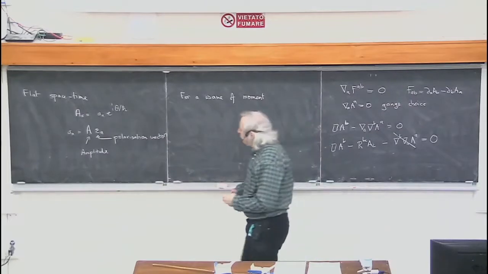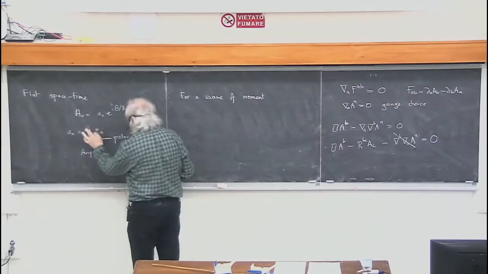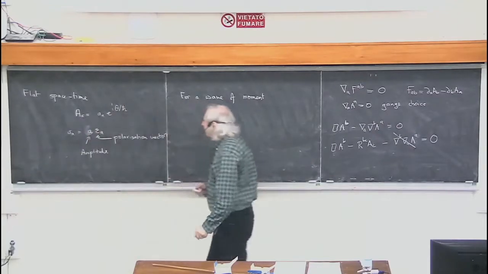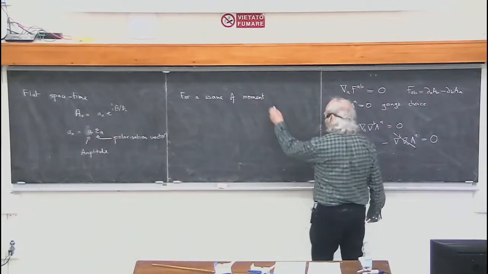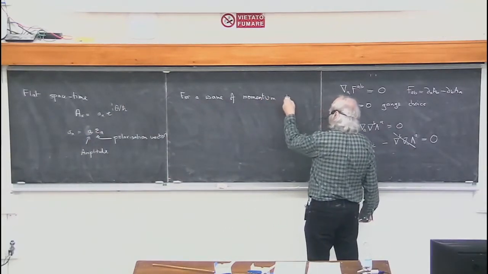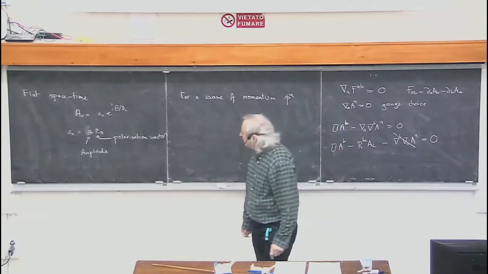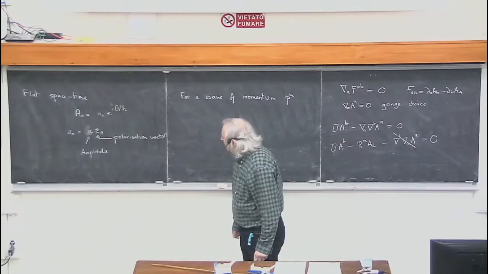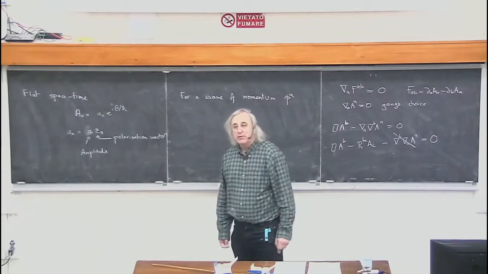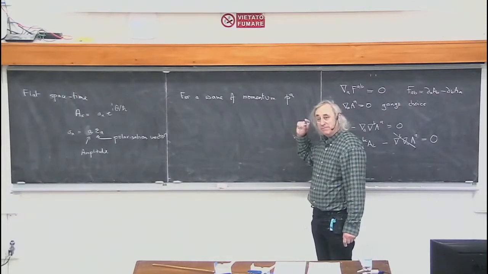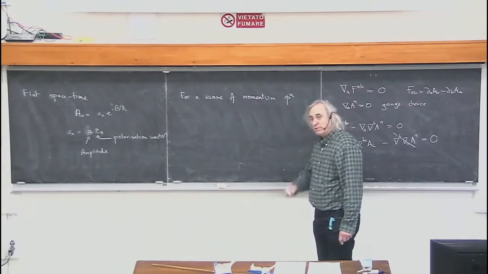I would like to change one piece of notation here. I'm going to change this to a little a. It's an h bar, yes. So that p is actually the momentum of each photon.